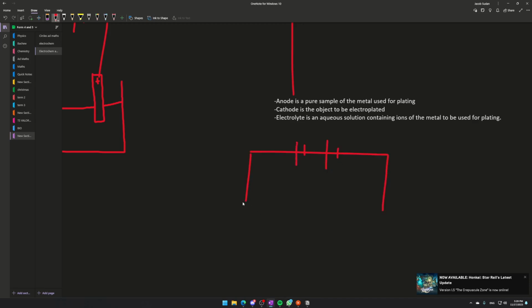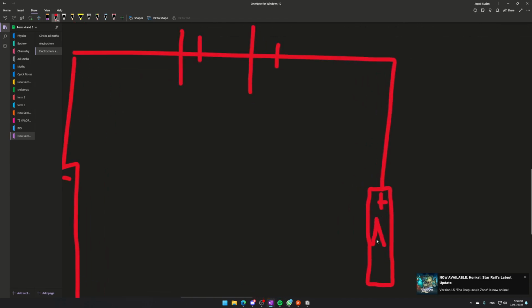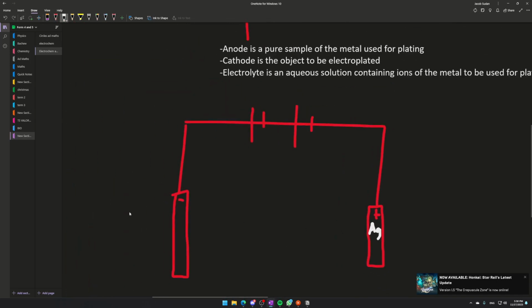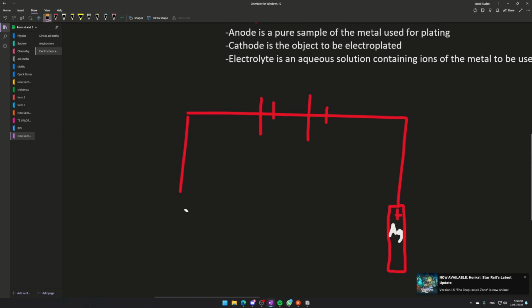Battery, we have the cathode, and we have the anode. So the anode is a pure sample of the metal to be used for plating. So let's say we want to cover it in gold. So this is a pure strip of Ag. And this over here, this is a spoon.